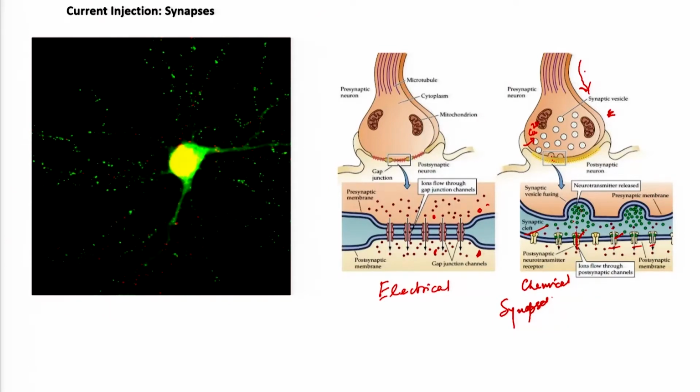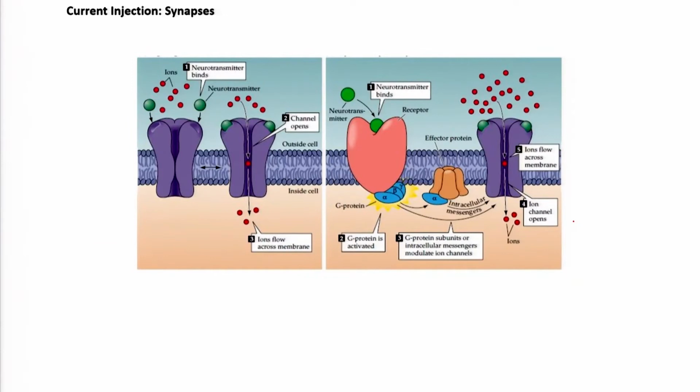If we look further, there are two types of receptors: ionotropic receptors or metabotropic receptors.